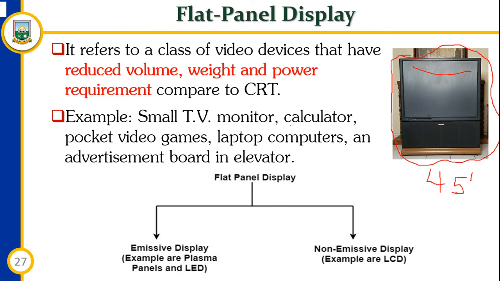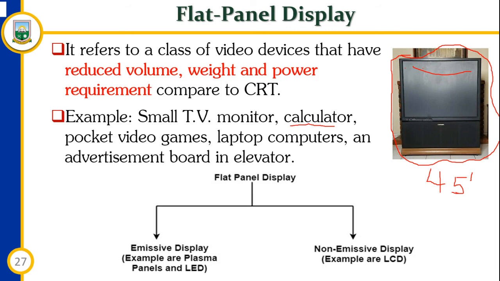Examples of the flat panel display are small TV monitors, the calculator that we have, the pocket video games, the laptops, and also advertisement boards in elevators, and also displays on doors of buildings and the rest. I mean, digital displays. When we talk about flat panel display, there are two main types.